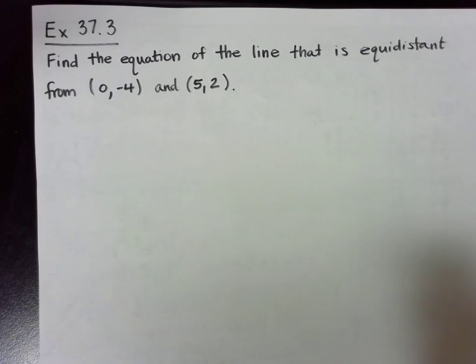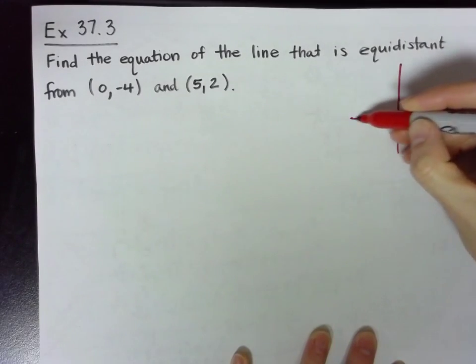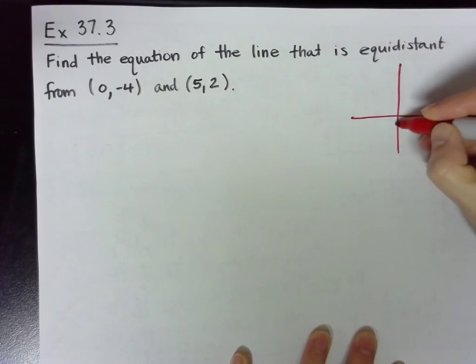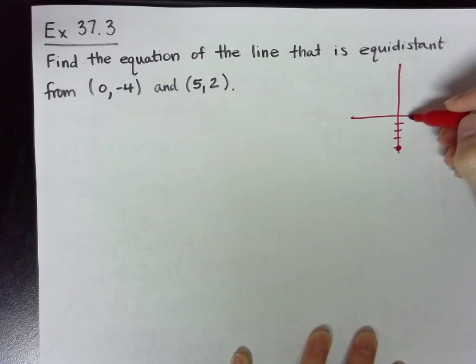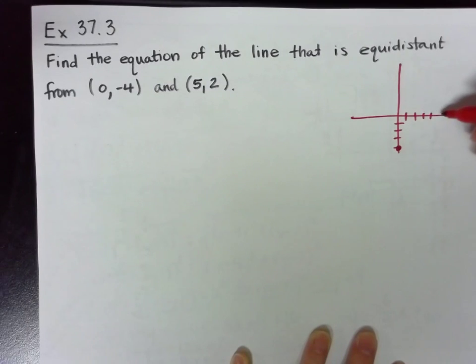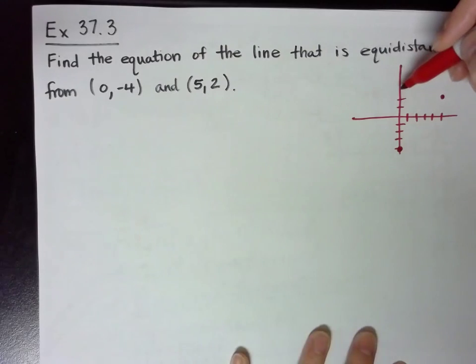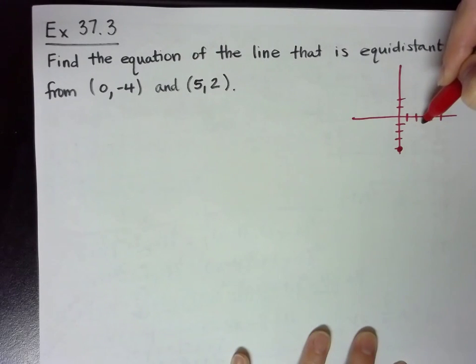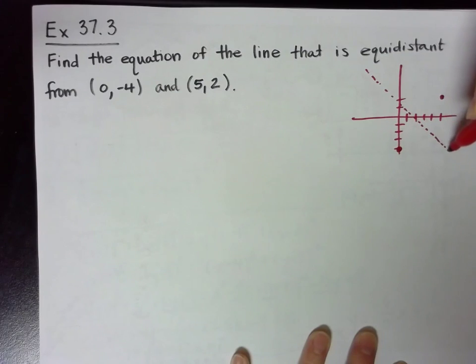Alright, so once again, we'll just draw ourselves a little picture here. We have (0, −4) and we have (5, 2). And we want to find the line that is equidistant, so imagine it probably goes something like that.